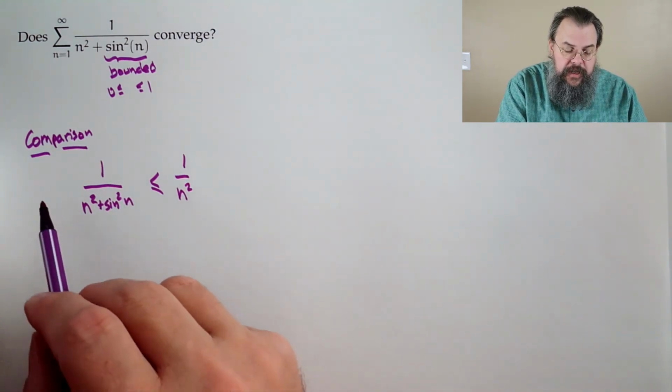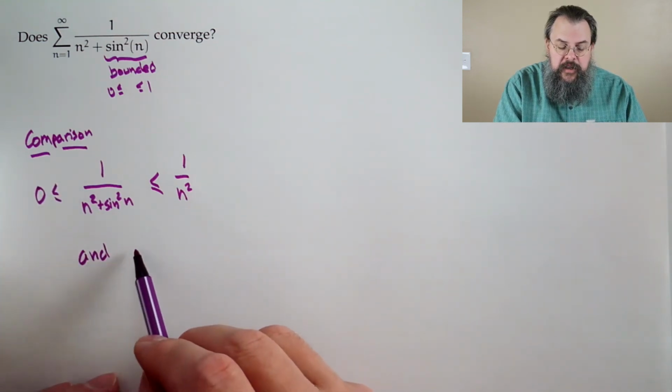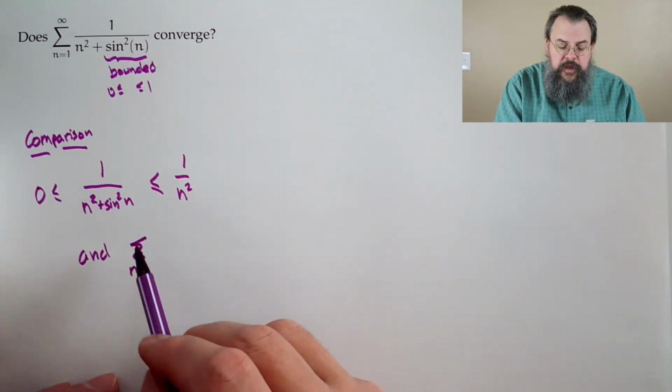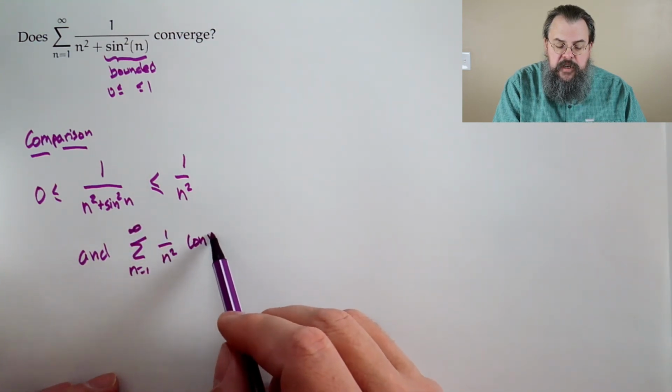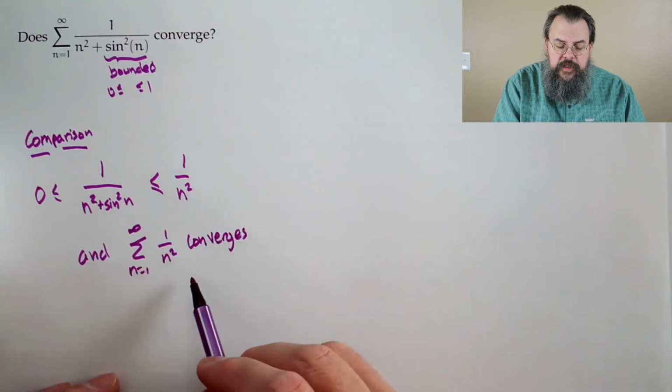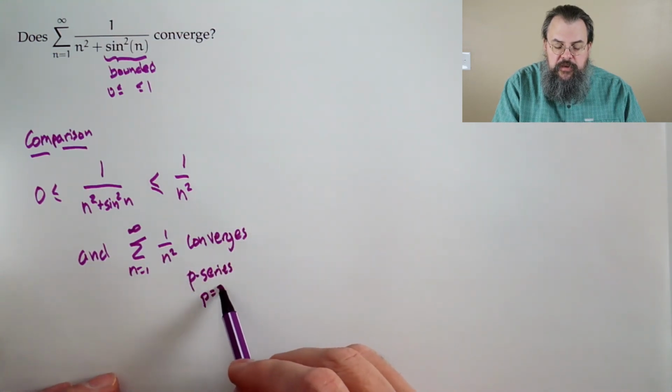Great. And of course, everything here is non-negative. And the sum from 1 to infinity of 1 over n squared converges. Why does it converge? It's a p-series, and here p equals 2, which is bigger than 1.